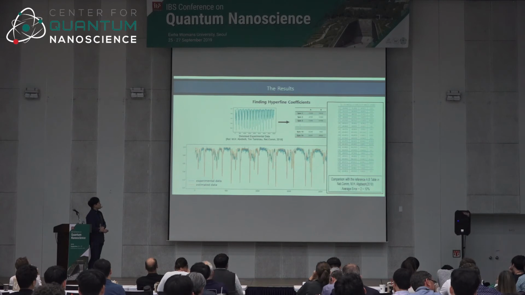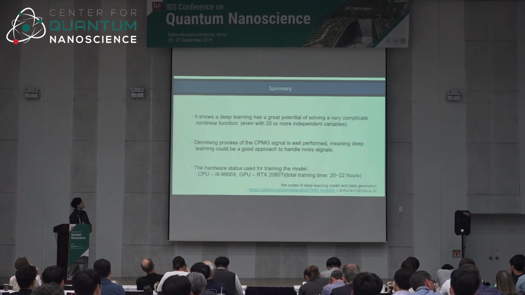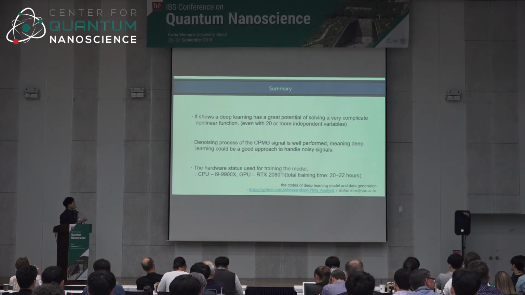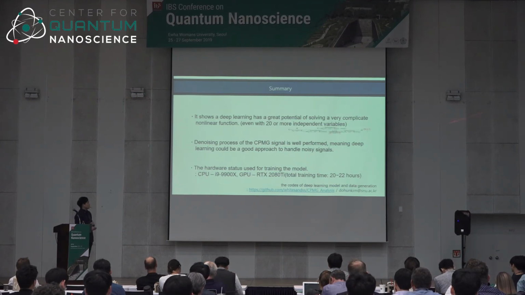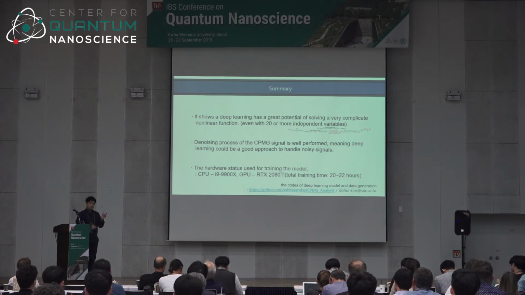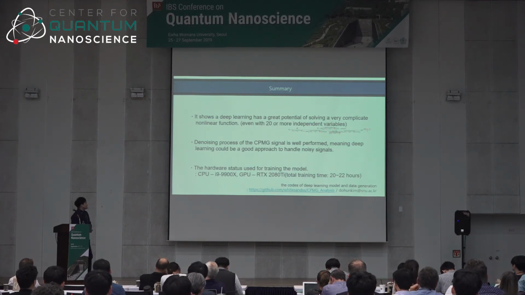Yeah, this is the result, and let me summarize it. I think this result shows deep learning has great potential for solving very complicated nonlinear functions. Actually, as you see, if there are at least 10 nuclear spins, the independent variables number 20, right? Or one spin has 2 independent variables.